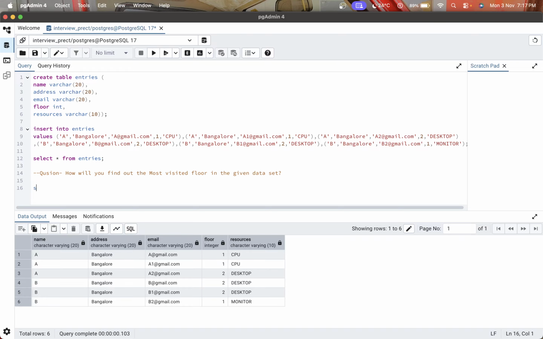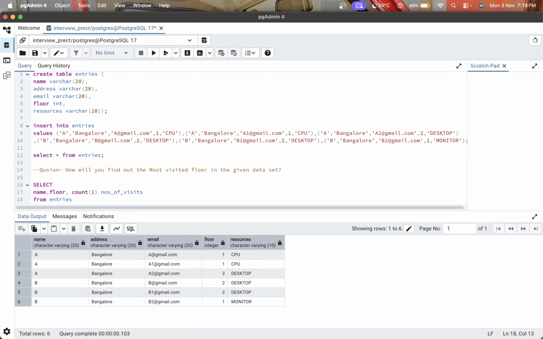So I'm looking for, let's say, everything from the data sets. I'm interested in seeing the name, the floor, and the count of the number of visits.